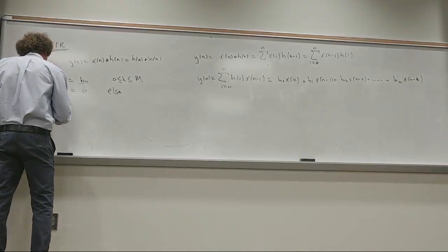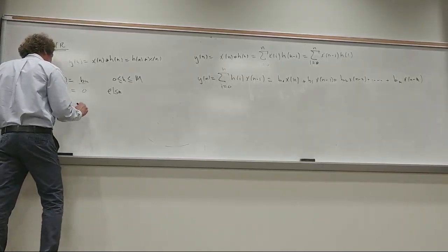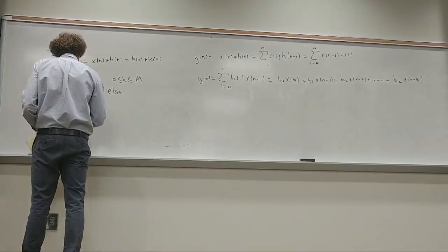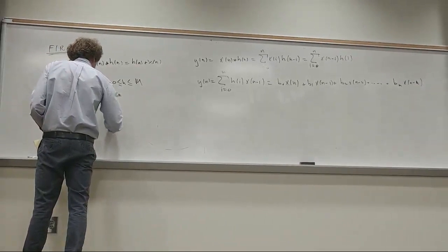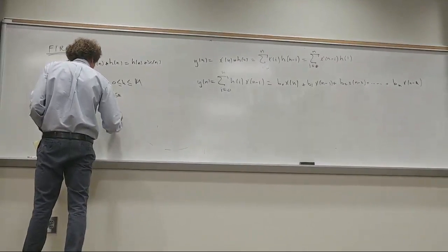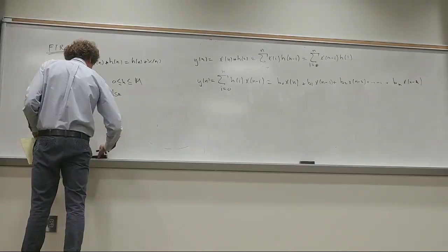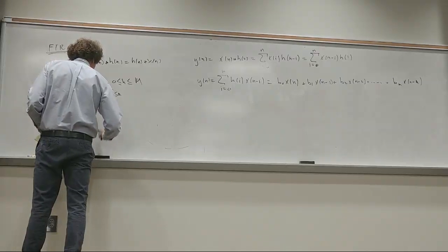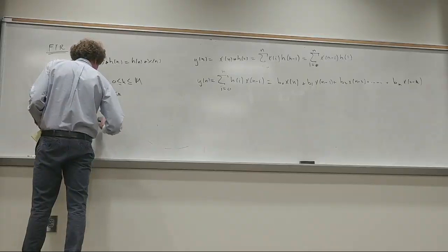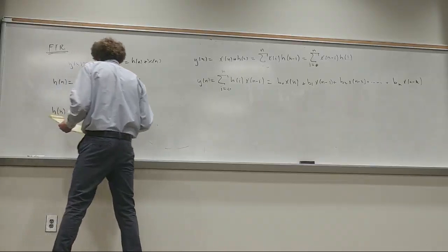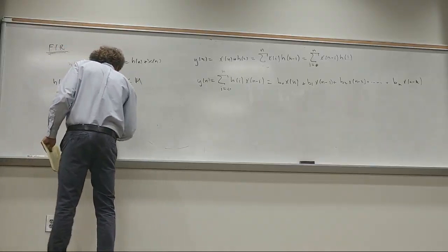Let's just say we had h of n here. That's going to have values that are non-zero, some values b of n, for n from minus L to L. So it's going to have some values and then 0 else.